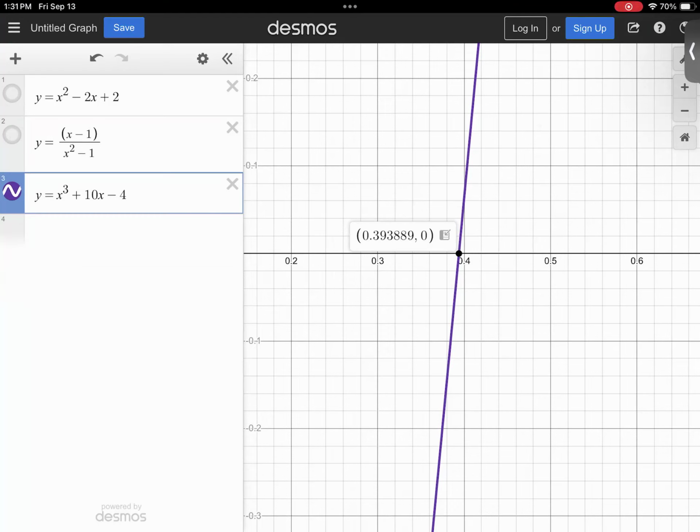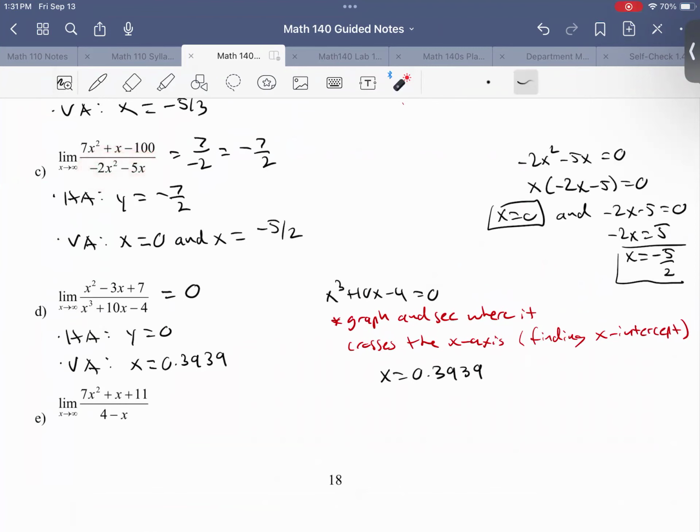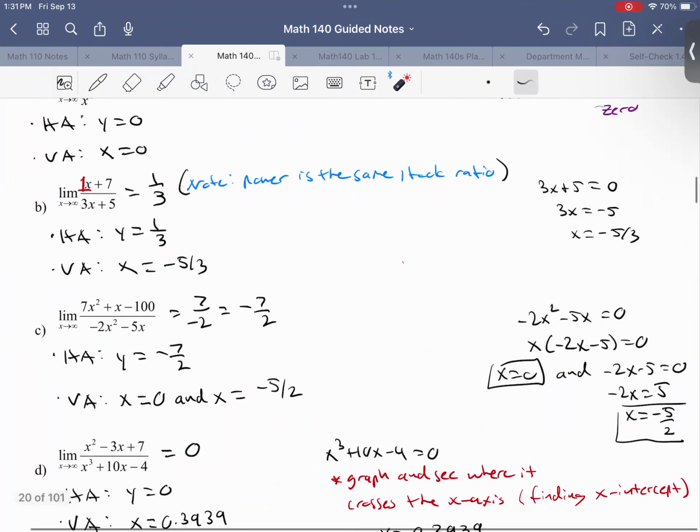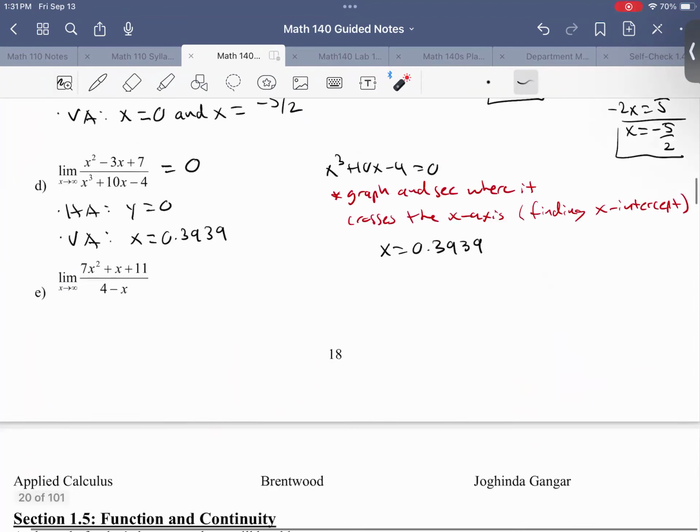Okay, so we'll say that. And then what you end up with is x equals 0.3939. Okay, so that's our vertical asymptote. And likewise, in the future, if you graph any one of these bottom ones that we just solved for x, you'll see that it crosses at those x values that we find. So for this one, 3x plus 5, we found to be negative 5/3. If you graph that, you also find it crosses there like we just did.